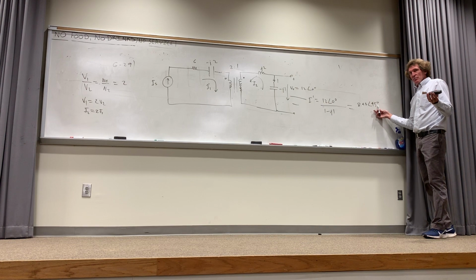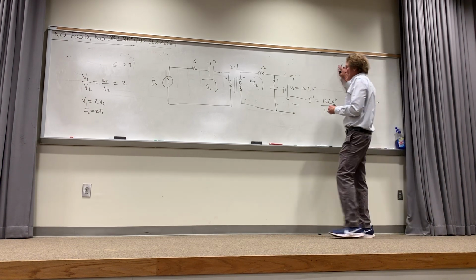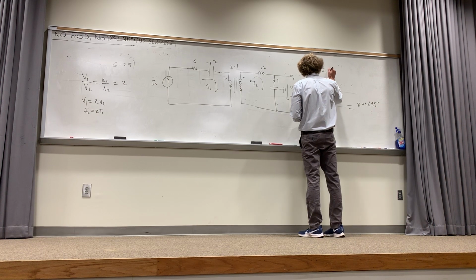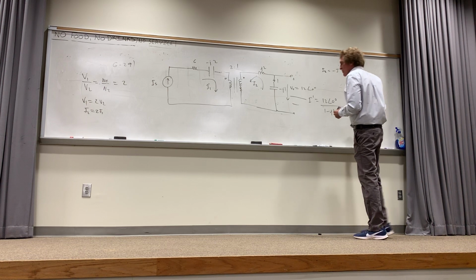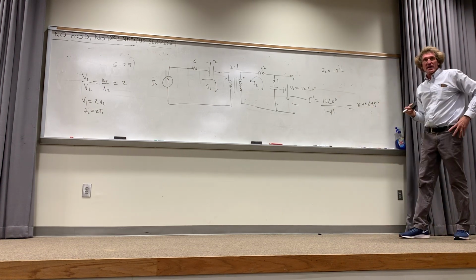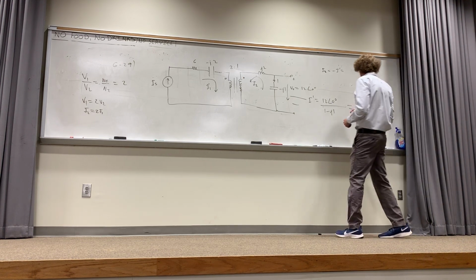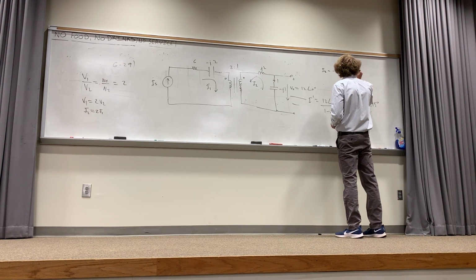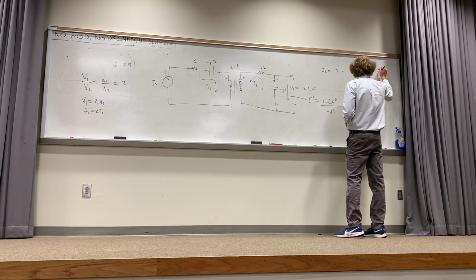So I2 is equal to minus I prime, and what is that? Take 45 and subtract 180. Isn't that minus 135? Sure. So this is going to be 8.48 at an angle of minus 135 degrees, amps.